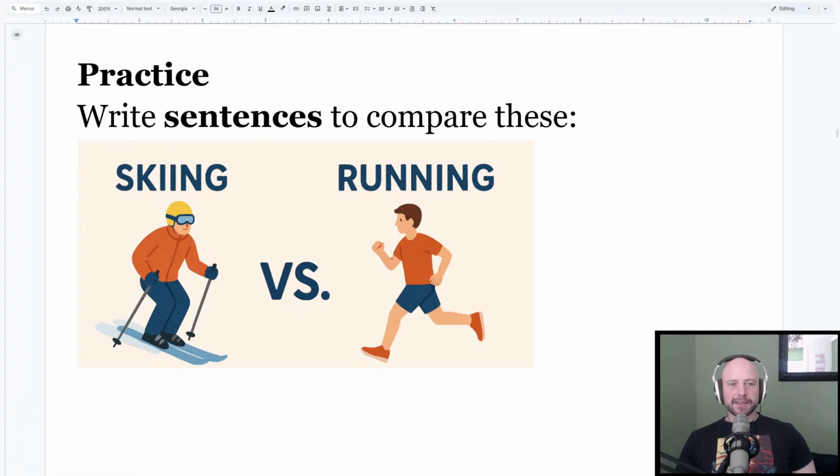So, practicing with skiing and running. Skiing and running. How can we compare skiing and running?